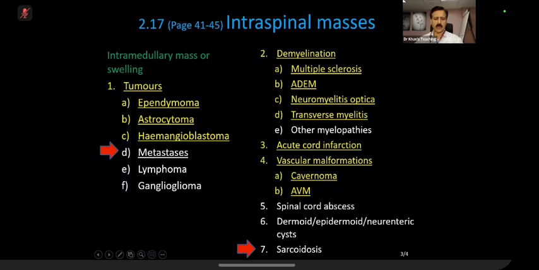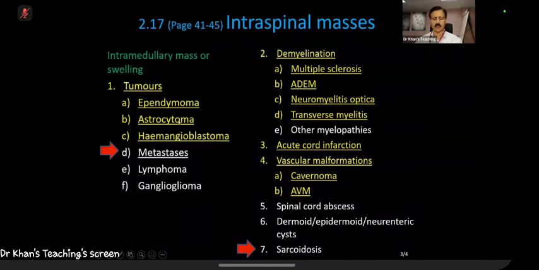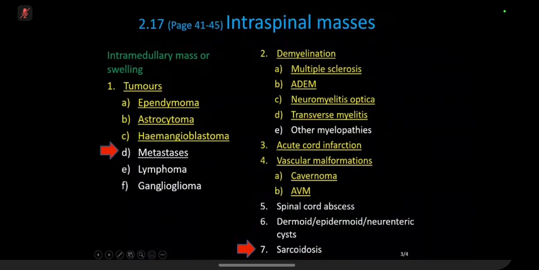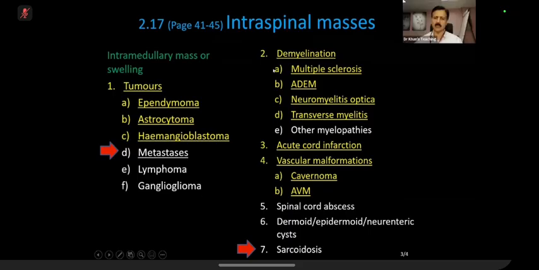Our main curriculum today will be intramedullary mass or swelling. And if you see here, ependymoma, astrocytoma, hemangioblastoma, these are the top three differentials. Metastasis is there, lymphoma is there, ganglioglioma is rare. So from a 2B perspective, you can forget it.